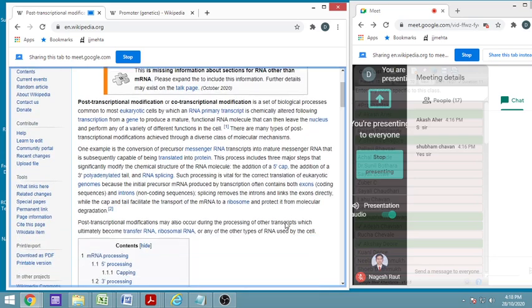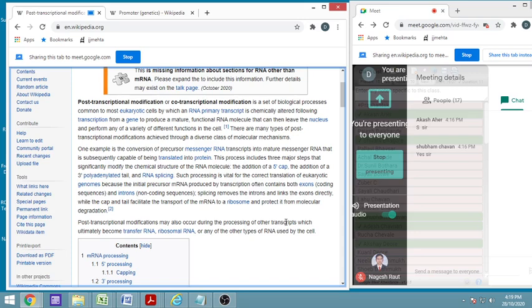So first the RNA is made, that is the messenger RNA. That messenger RNA will be processed into a mature messenger RNA that will be capable of being translated to a protein, and this includes major steps significantly making changes in the RNA molecule: the addition of a 5' cap, the addition of a 3' polyadenylated tail, and RNA splicing.